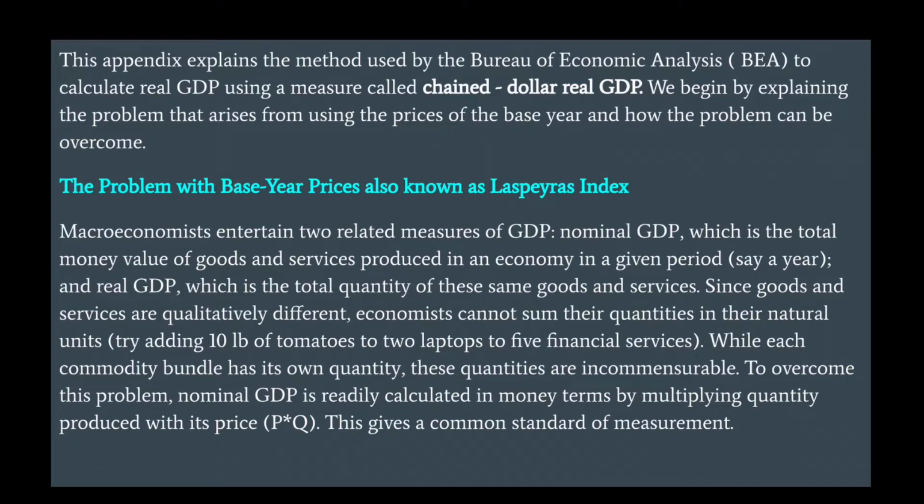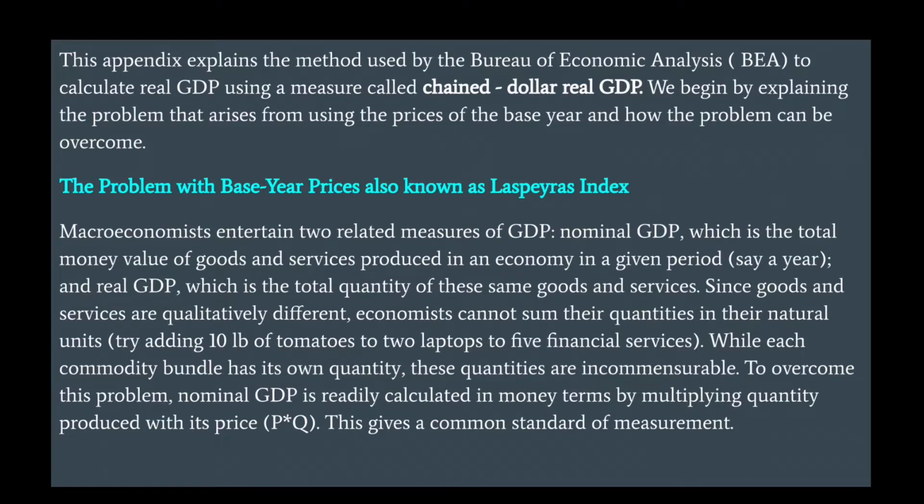Macroeconomists entertain two related measures of GDP. One is nominal GDP, which is the total money value of goods and services produced in an economy in a given period, say a year, and the other is real GDP, which is the total quantity of these same goods and services. Since goods and services are qualitatively different, economists cannot sum their quantities in their natural units.